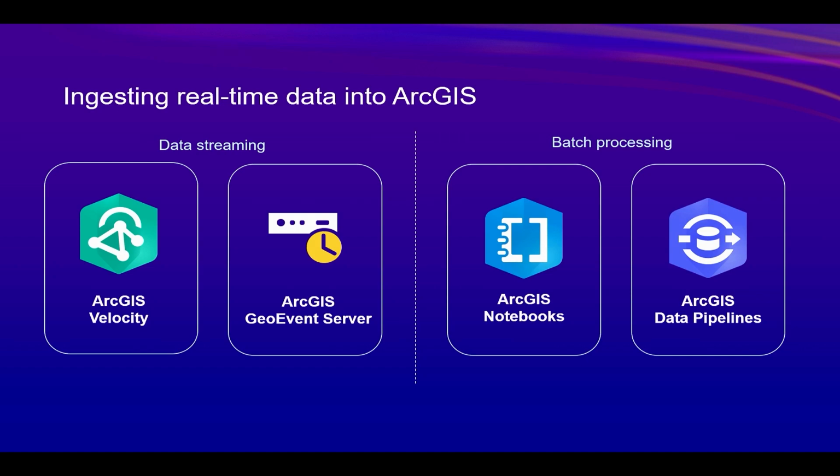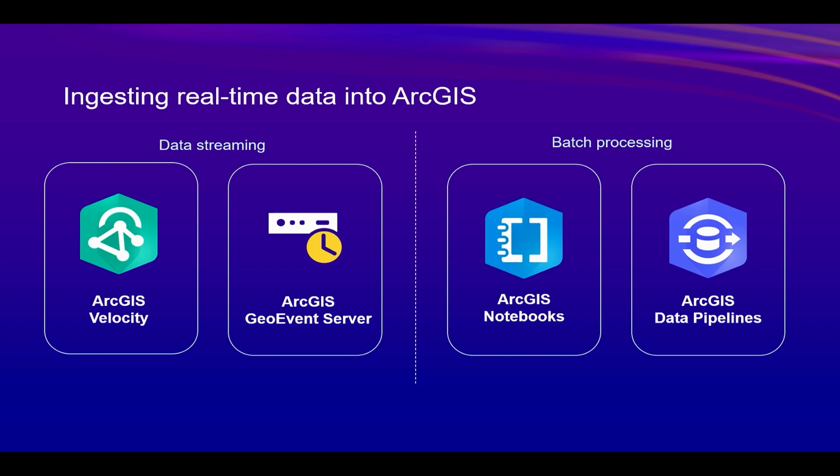In order to gain insights from this real-time data, you need to ensure it's ingested into the system and processed ready to use in your maps and apps. There are several different options within ArcGIS, and the one that's right for your organization will depend on a few different factors.